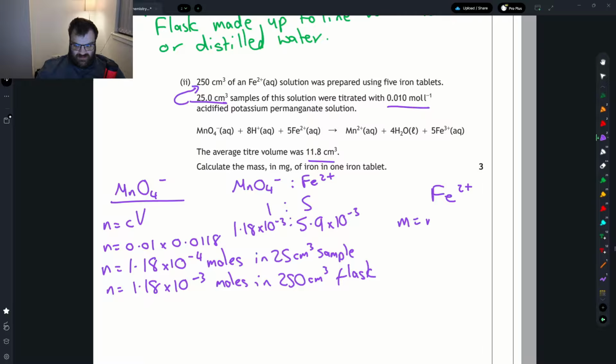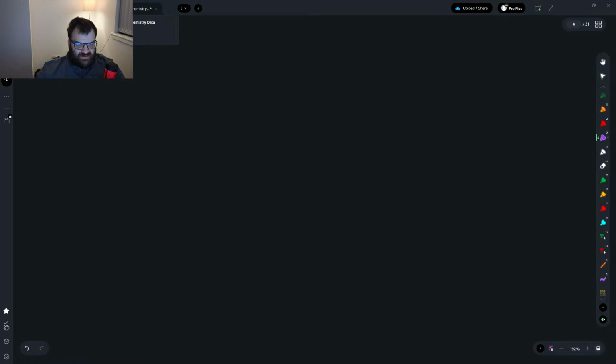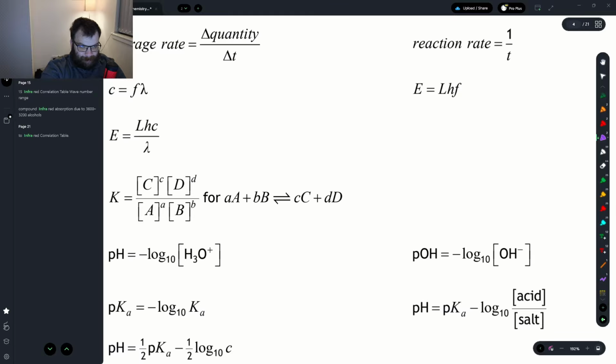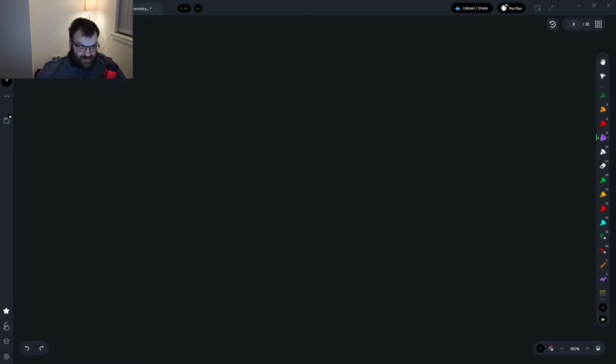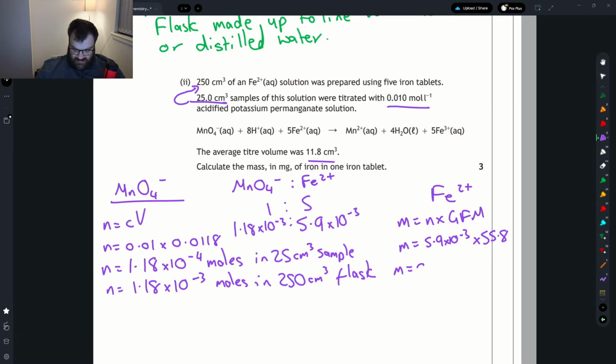So m equals n times GFM. So m equals 5.9 times 10 to the minus 3 times, I think it's 56.8, 55.8, which gives us a mass of 0.329 grams. Are we done?